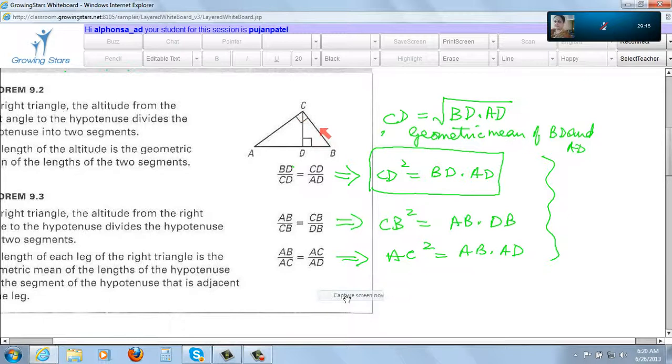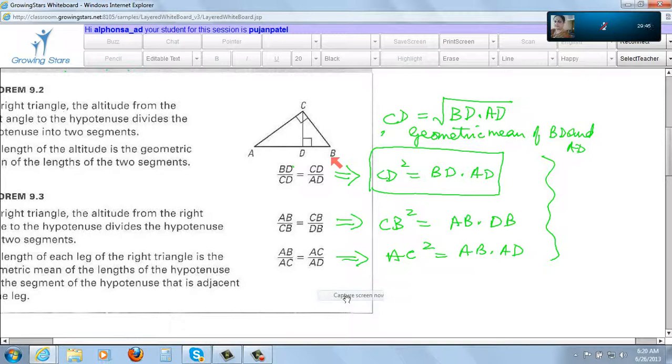So CB is the geometric mean of AB times DB, this segment DB times the full segment AB. And AC would be the geometric mean of the small segment AD times the full segment AB.